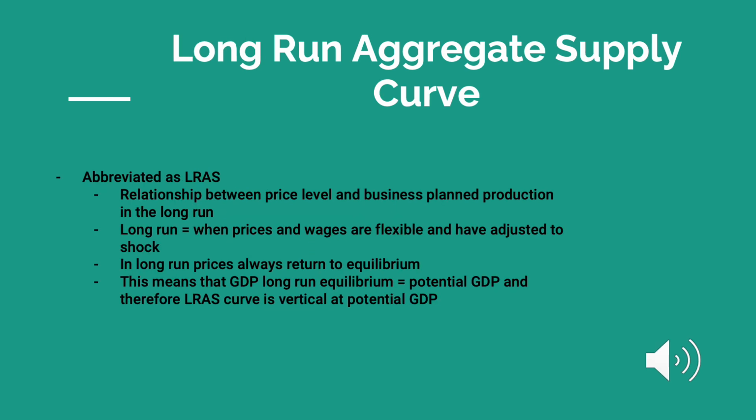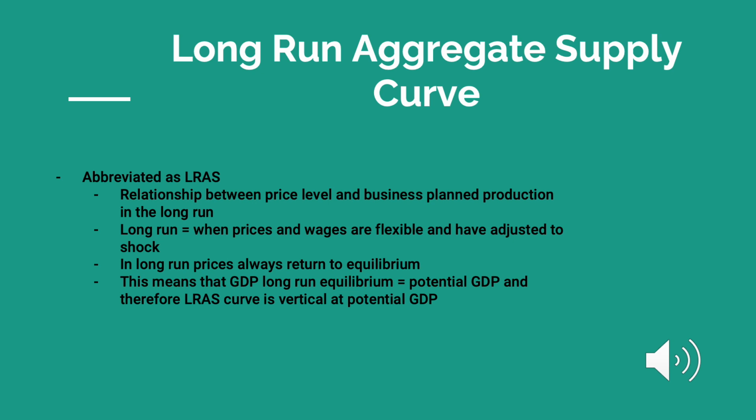The long-run aggregate supply is the relationship between price levels and business planned production in the long run. In the long run, prices and wages are flexible, and they've adjusted to any shocks in the market.